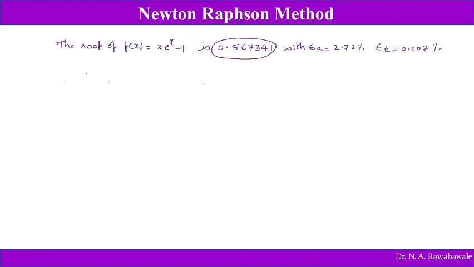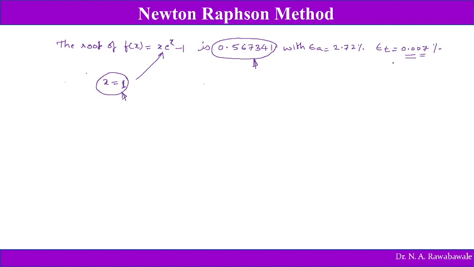So what was suggested, x is equal to 1. Initially what he is suggesting is that the root of this function f of x is close to 1. So it is close to 1, but it is not exactly 1. Means this is the root, but it has got an error. So this error is reduced to 0.007%, and the revised root which we have obtained is 0.567341, which is not equal to the true root of this function, because it still has an error.